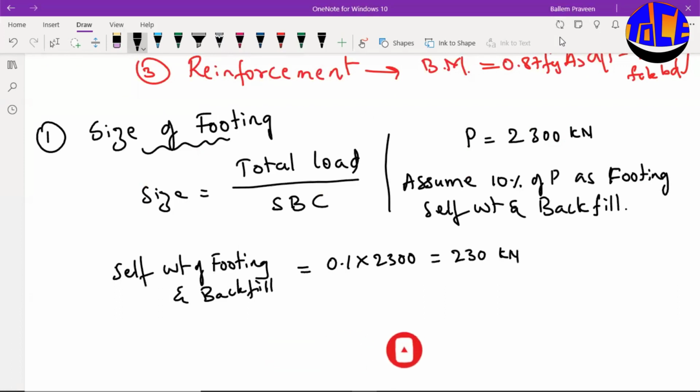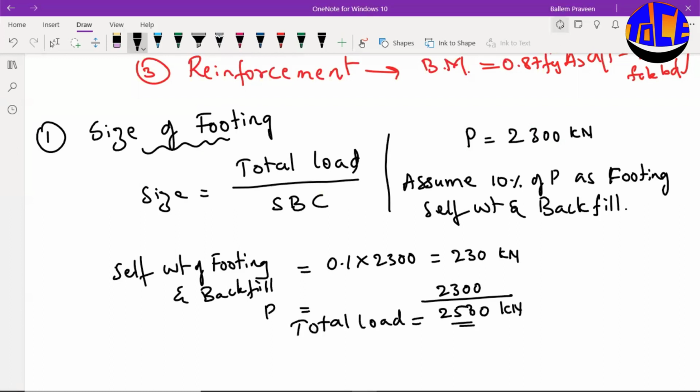And the P value is 2300, and the total if you sum it up will be 2530 kilonewtons. So this is the total load.